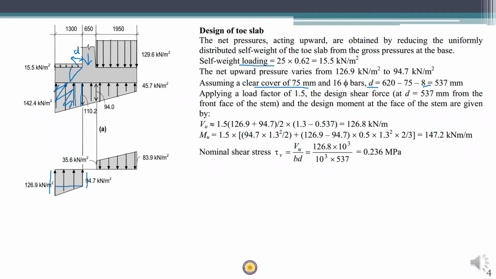So we find the area of the rectangle multiplied by L by 2, and area of the triangle multiplied by 2 by 3 L. Okay, so we get a value of Mu as well. Once we get the value of design shear, we can also find out the nominal shear stress Tv, which is Vu by bd. So this can be found out and kept aside.